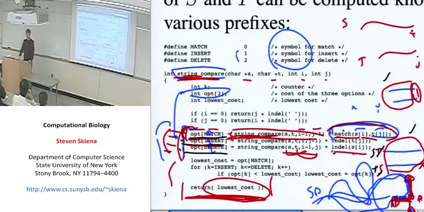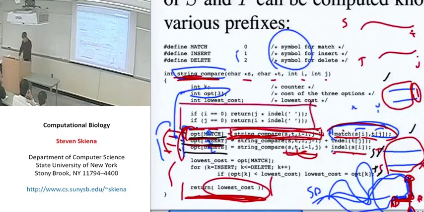Okay? Because when you run it, the first thing it's going to do is recursively call the function itself. It's solving a smaller problem. And there's going to be a local opt to do that. And to solve that, it's going to be a smaller problem, and it needs a local opt to do that. Bop, bop, bop. Until it gets to the basis case, where one of the strings is empty.